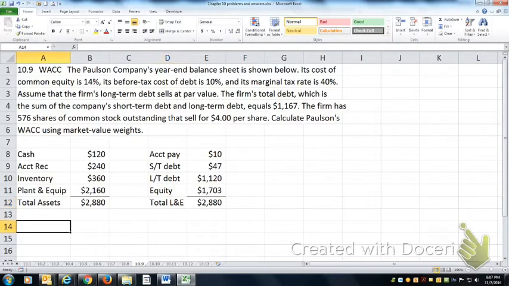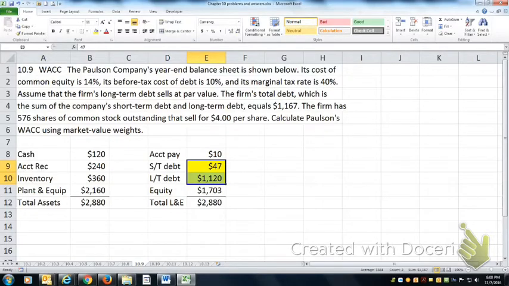Okay. So we're told that the market value of the firm's total debt, which is short-term debt plus long-term debt, is 1167. Those are the two numbers there: 1120 and 47 comes up to 1167. We typically use balance sheet data for the debt because usually it's fairly close to the market value of the debt.